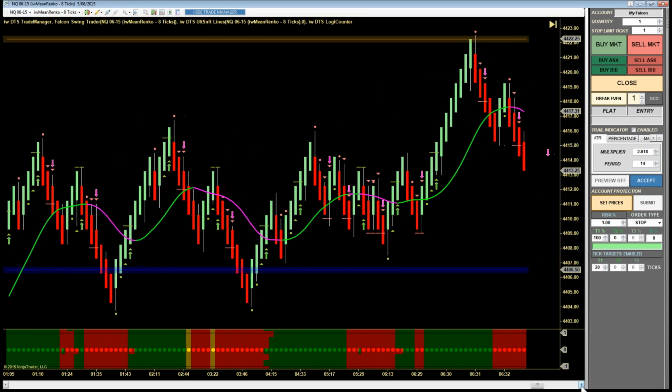A few moments later, we get an early trend change signal. Now, the only difference between the early trend change signal and the regular trend change signal is the early trend change signal generates just as the trend line flips, but we still have this characteristic reversal pattern, this down, up, down. Here we had the up, down, up. All right, but still the test of the extreme, the failure.